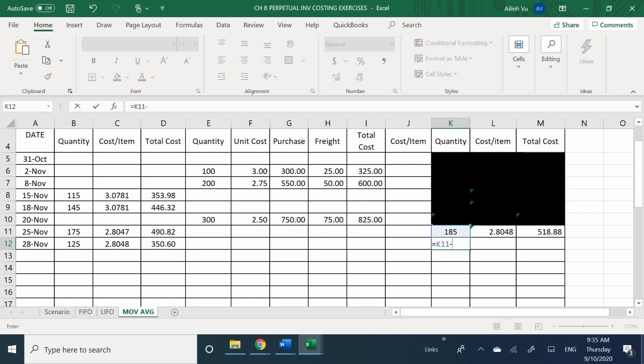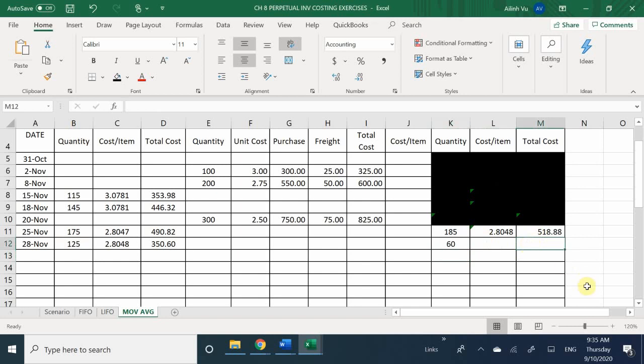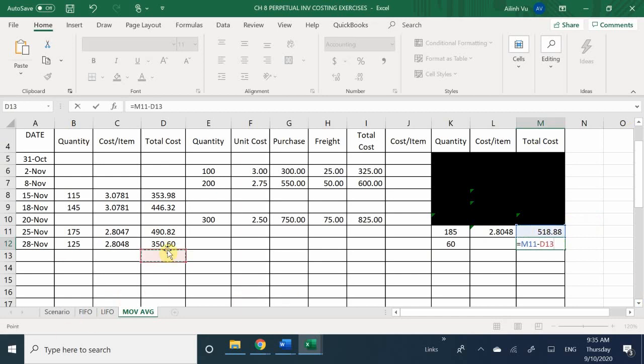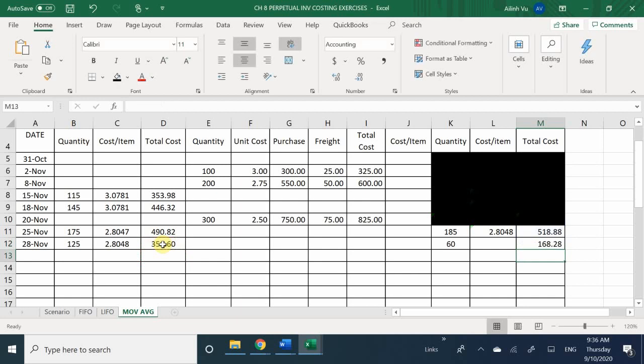What's my new quantity? 185 minus 125 should give me how much? 60. Good. We hit our goal, so we're doing good. And this comes to 168.28. Okay.